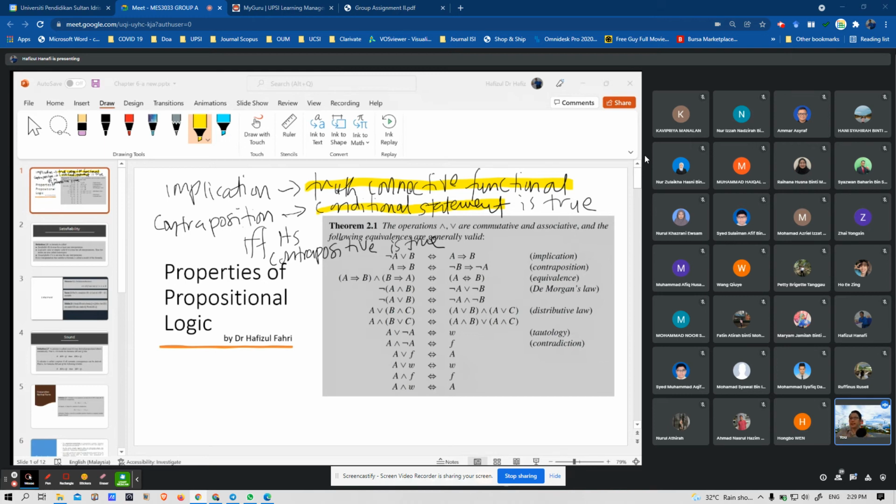Biconditional of B. The statements P and Q are said to be logically equivalent if they are provable from each other under a set of axioms, or have the same truth value in every model.